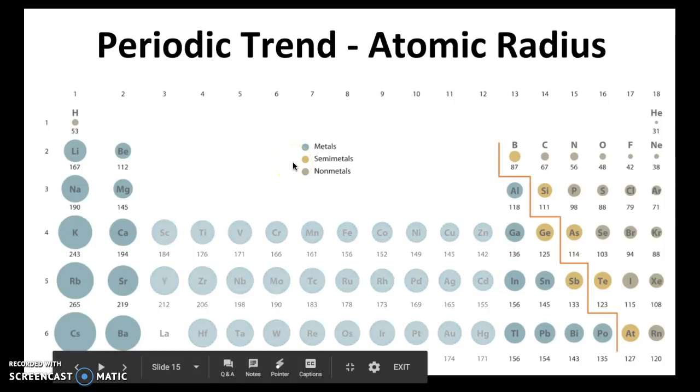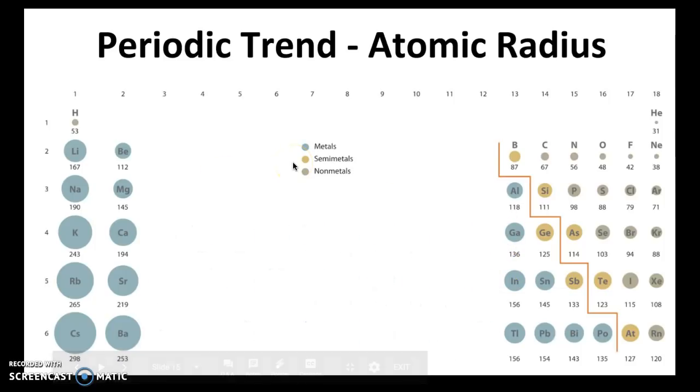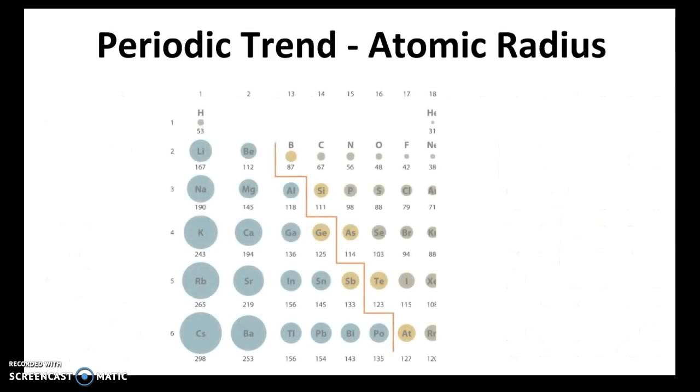So let's just ignore the middle portion, known as the transition metal block, and focus on these, which are known as the main group elements. That's group 1, 2, and 13 through 18. And what you'll notice in your handout is that I'm going to push these two sets of groups together. So we just took out the middle block here, and that's what you'll notice in your note packet. So find this periodic trend table.